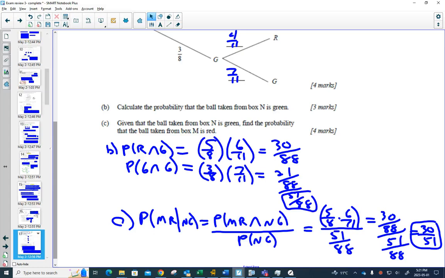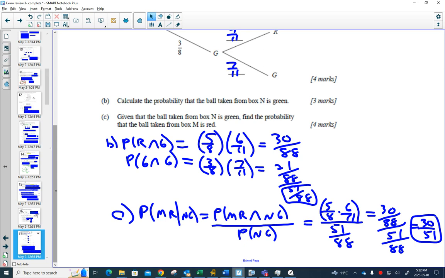So you want probability of a red one from M given a green one from N. Notation here is terrible, lots of letters. Probability of M, R, and N, G. So you want the probability of pulling a red one and then a green one. That's 5 8ths and 6 11ths. Probability of getting your green one, we figured out in part A, 51 out of 88. Simplify that fraction, and you get your probability.